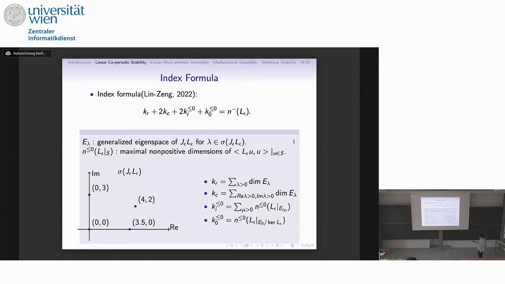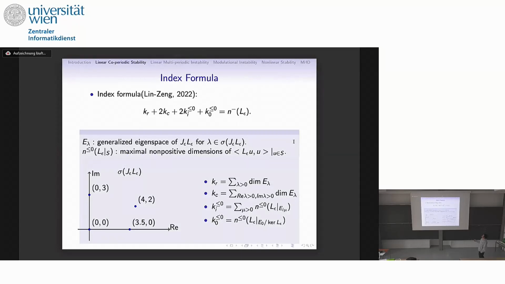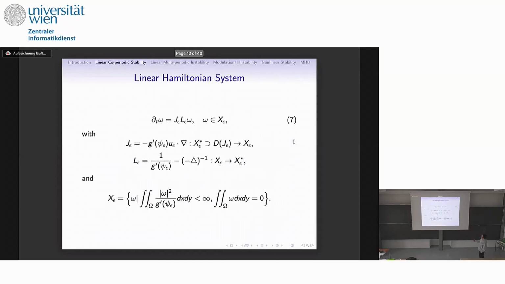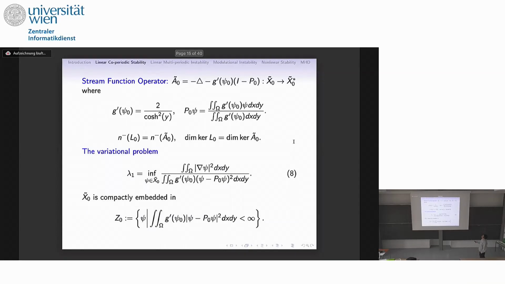Now let's count this number, the number of negative directions of L, first. This is reduced to solving a spectrum problem. Remember, L is this operator for vorticity on this space. It is more convenient to study a related operator for the stream function, so we can equivalently solve an eigenvalue problem for this stream function operator.